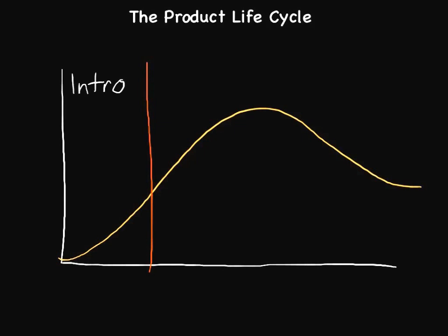Once again, we're very familiar that electric cars are in existence and are being developed, but we haven't seen a large number of people adopt them as of yet, which keeps it in that intro stage. And so you do see some advertisements done to try and raise awareness about the different features, about the benefits, why, of course, we cannot live without this particular product. But you don't see the wide adoption rates that are necessary to transfer it over into more of the growth stage, so to speak.